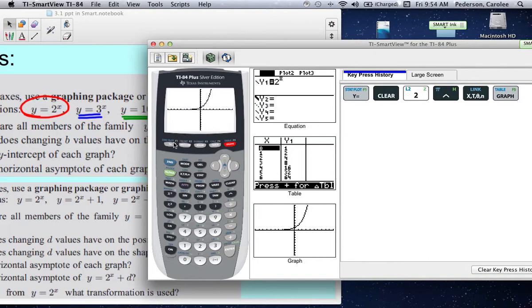Now if you go back to your y equals button and scroll down and then over, you can change the thickness of that line to different scenarios.